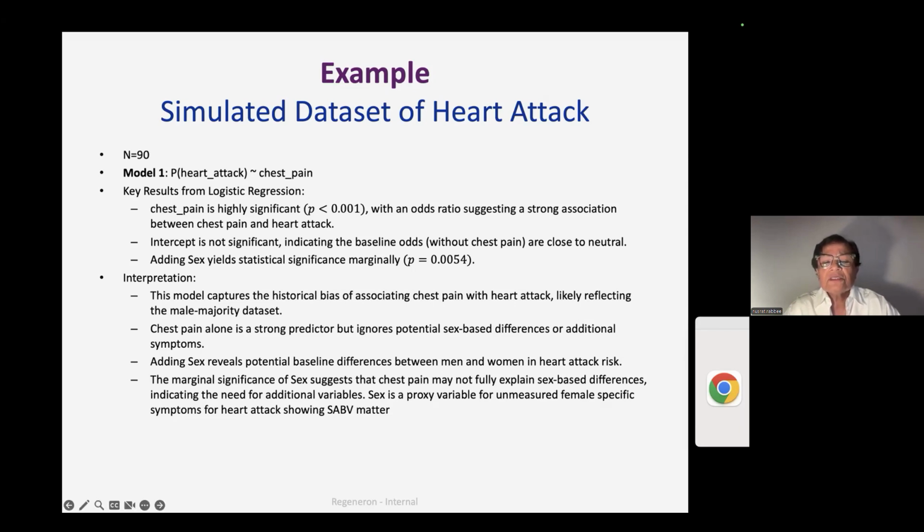But the marginal significance of sex, with p-value 0.05, shows that chest pain may not fully explain sex-based differences, indicating the need for additional variables. So here, sex is a proxy variable for unmeasured female-specific symptoms for heart attack, showing that SABV would have mattered had we done this 30 years ago.